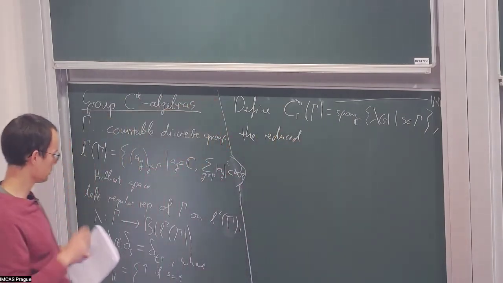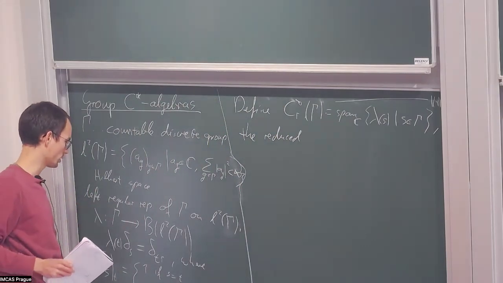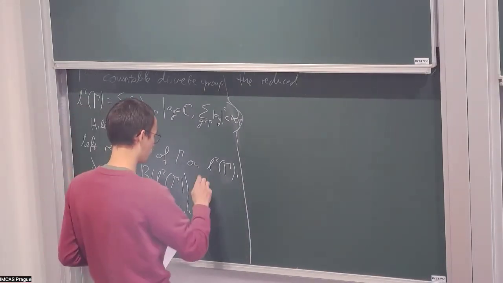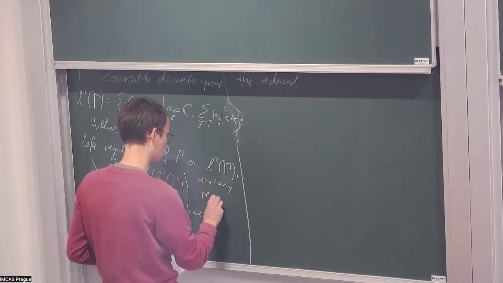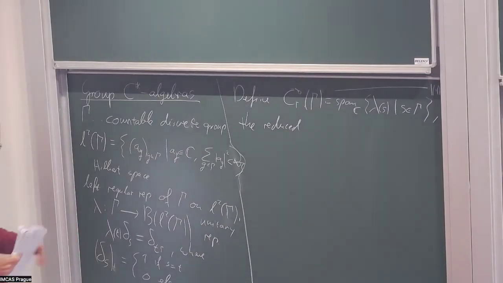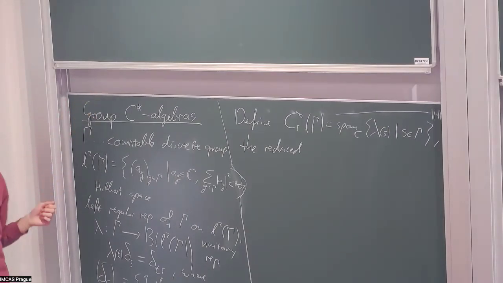Unitaries. Oh yeah, sorry. Yes. So this is a unitary representation. So each of these lambda t or lambda s is a unitary operator, which you can see very easily.